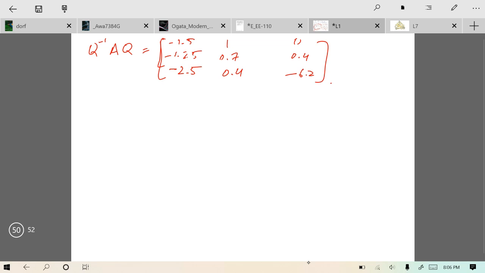Your Q inverse AQ would be, I am writing the answer, minus 1.5, 1, 0, minus 1.25, 0.7, 0.4, minus 2.5, 0.4, minus 6.2.